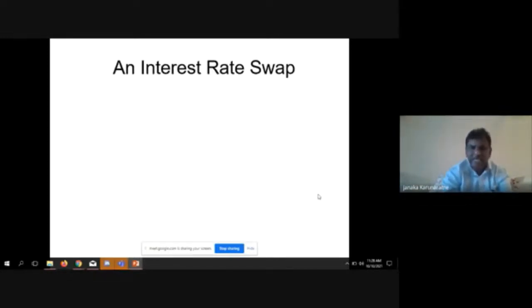Now, take these two banks, get together and structure a swap.